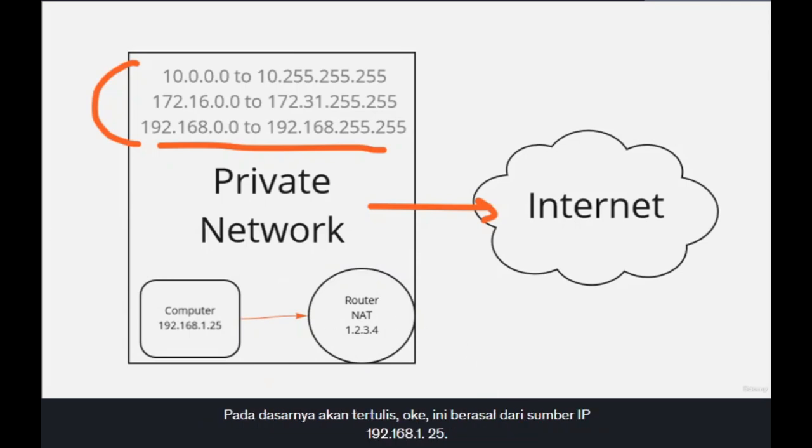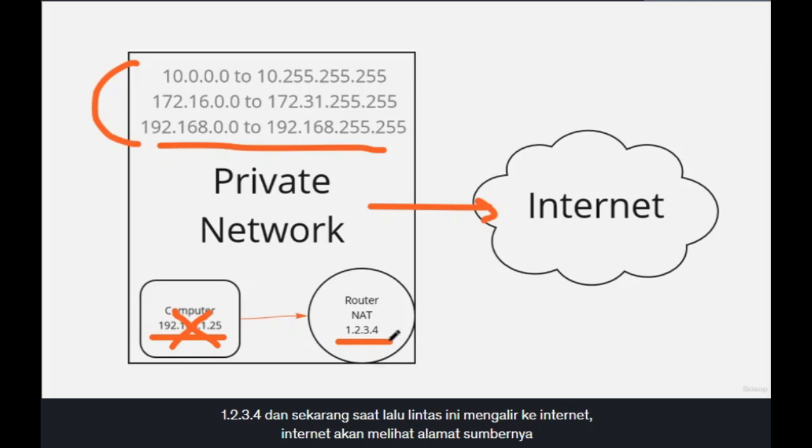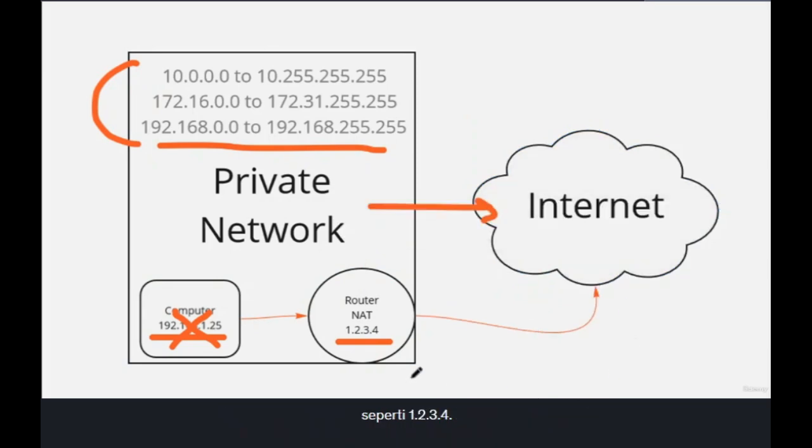Basically, it'll say, okay, this is coming from source IP 192.168.1.25. Let me remove that source IP and substitute in for it 1.2.3.4. And now, as this traffic flows out to the internet, it will see the source address is 1.2.3.4. That's an address that the internet can understand.